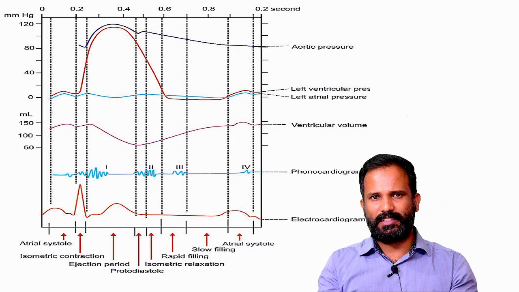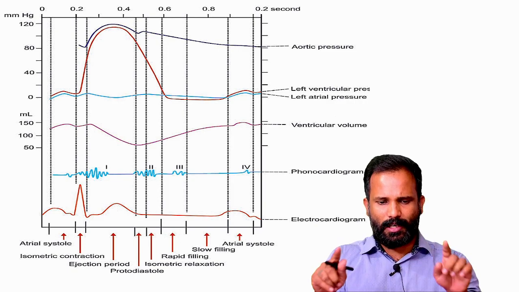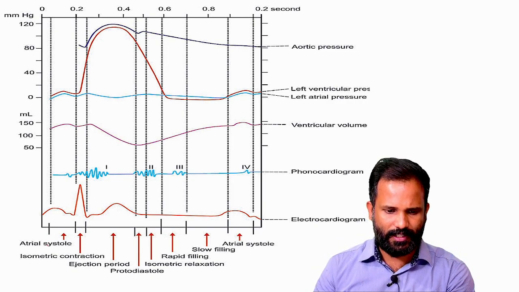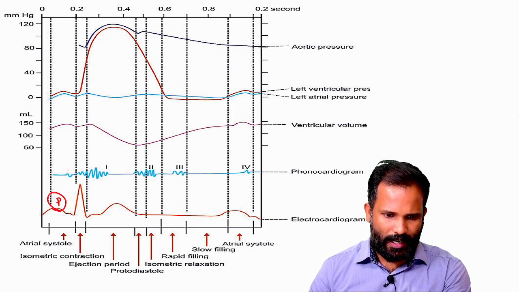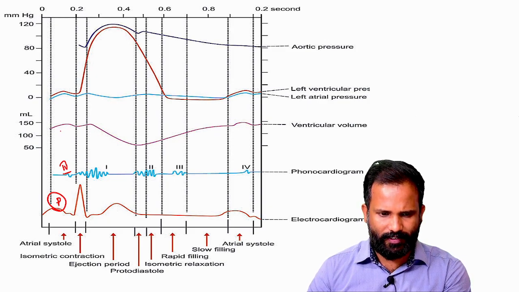So this is the cardiac cycle. To summarize all these events, atrial systole corresponds with the P wave and the fourth heart sound, and the volume of the ventricle increases, pressure in the ventricle increases.